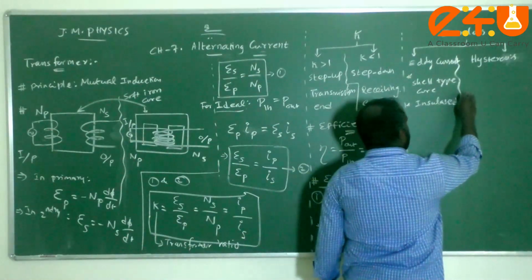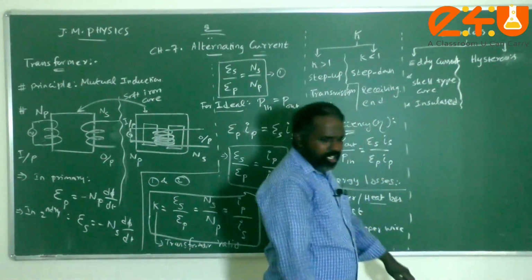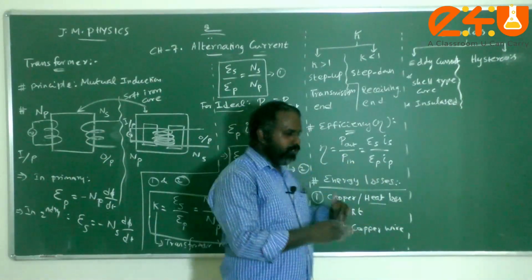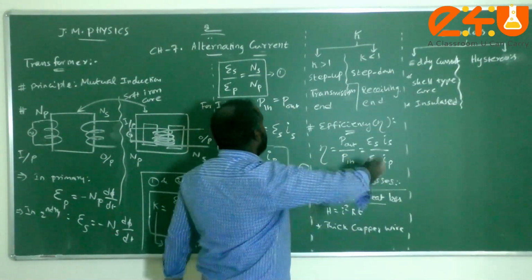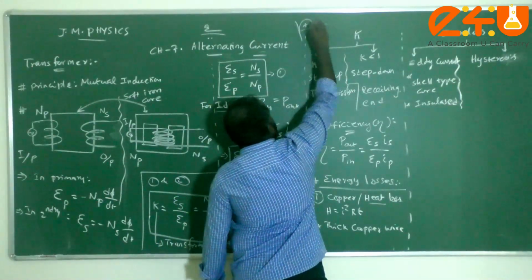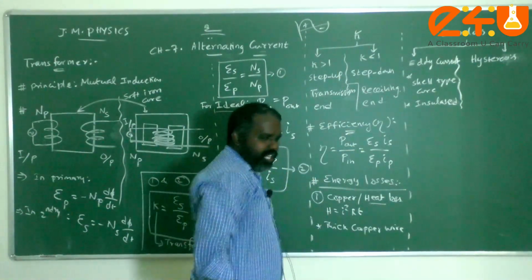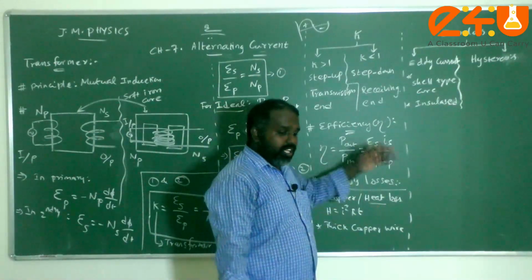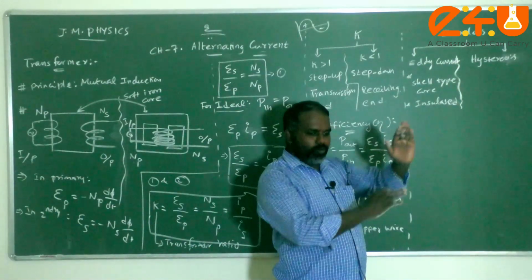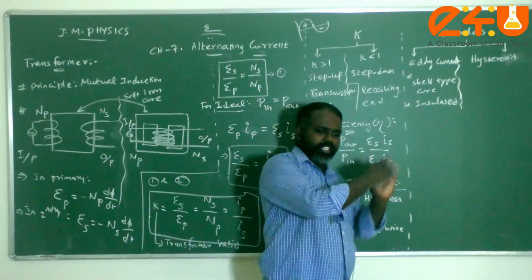The next one is hysteresis loss. Since we are applying AC current, when time changes, the direction of the AC voltage or current also changes. Sometimes it will be a positive value, sometimes negative. So the field produced by the alternating current is sometimes in one direction, sometimes in the opposite direction.